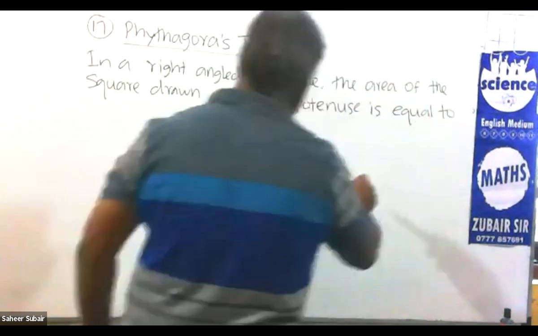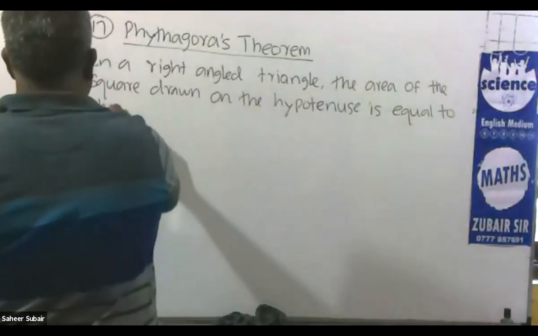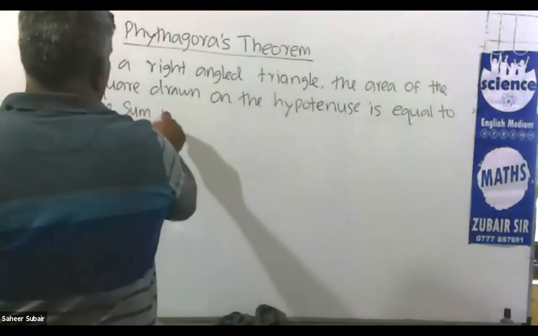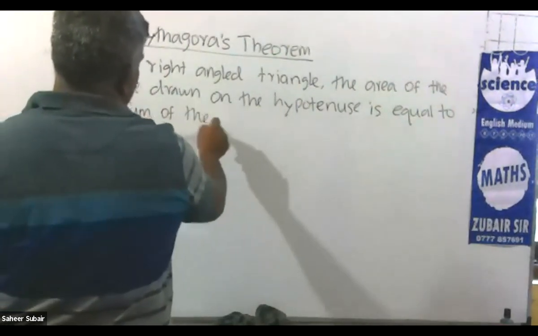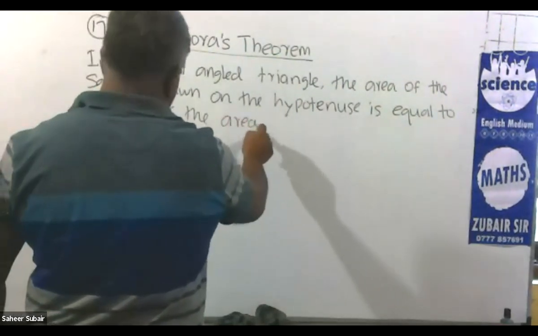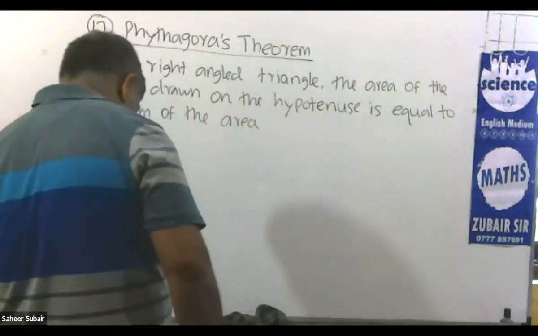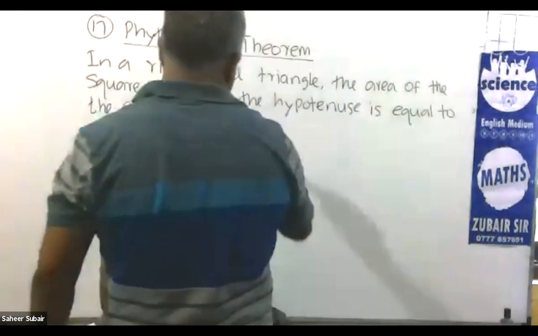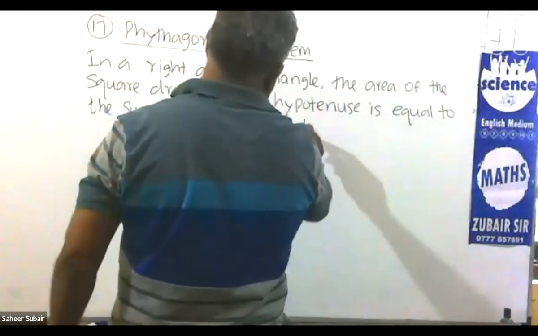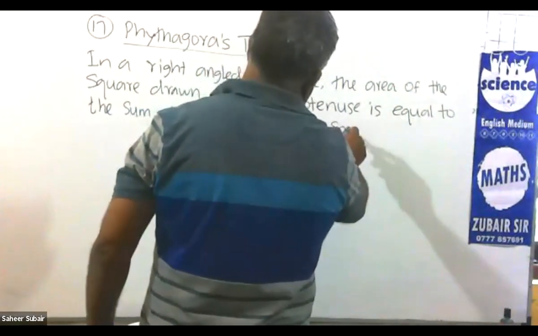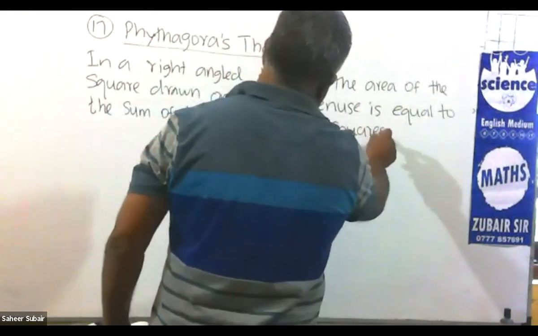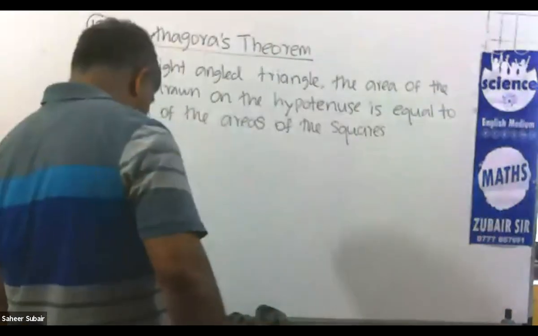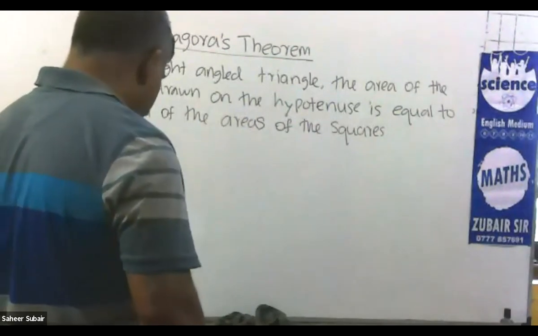Is equal to the sum of the areas of the squares drawn on the remaining sides.